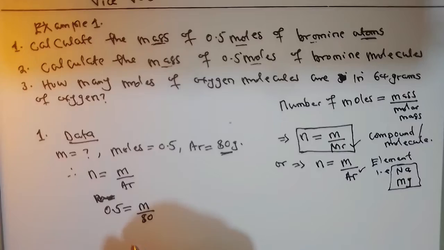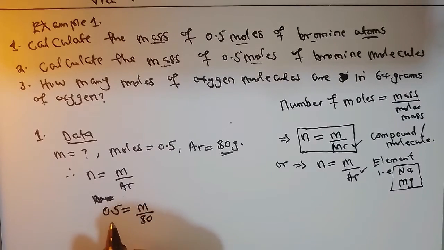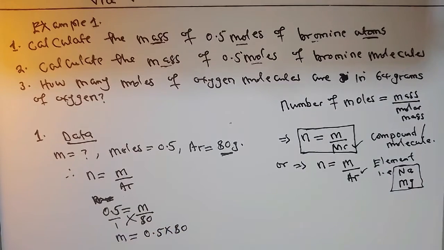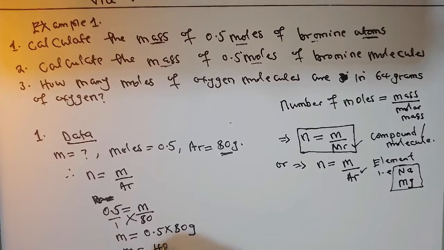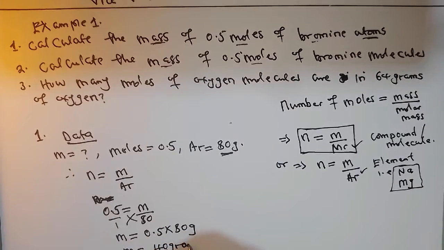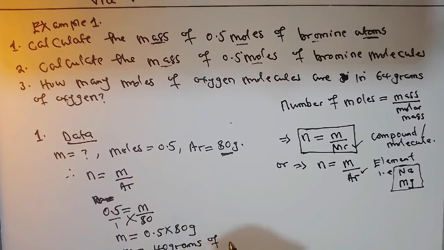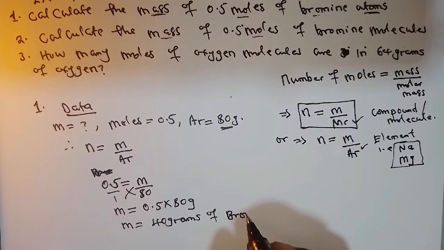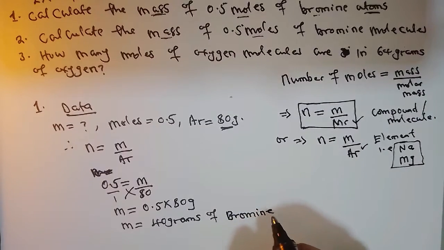Since this is a fraction, you can just put over 1, then you cross multiply. 1 times m is going to be m, so 0.5 times 80. Once you multiply that, you're going to get the mass as 40 grams of bromine.